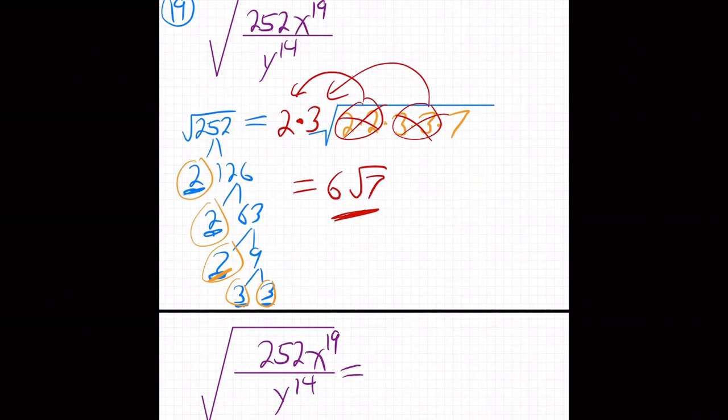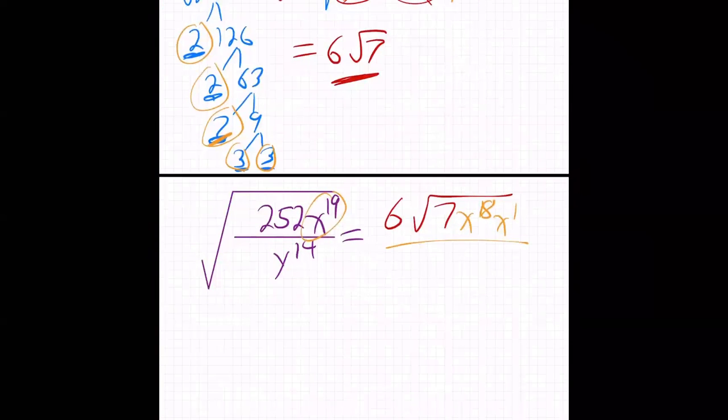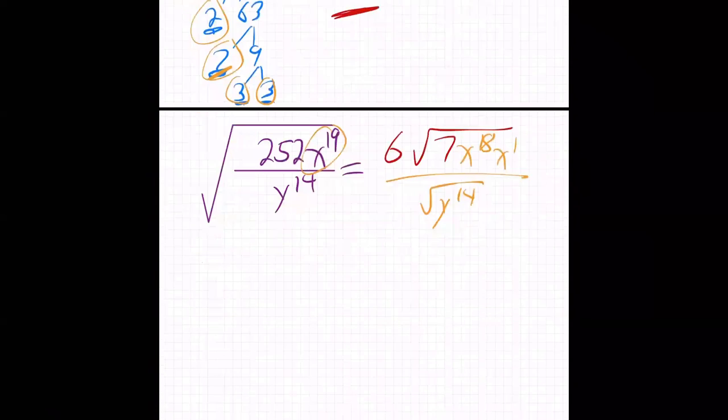So that ends up being on the top 6 root 7. Well, and then we have 6 root of, and then we have 7. Now, but now what do we do with x to the 19th? Remember, we make that an even power and 1 more. And then on the bottom, I'll just do a separate square root on the bottom. We just have y to the 14th, so that's easy.